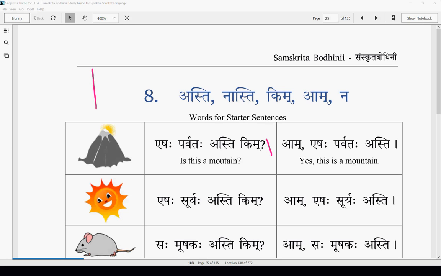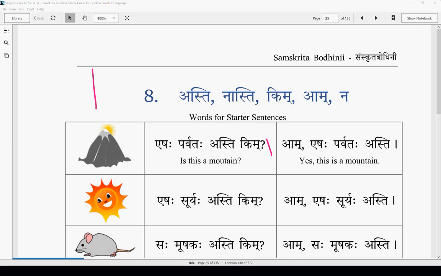It is not necessary also. If you put just a vertical mark there, that's enough, because Kim itself is the question mark. Eshaha Parvatah Asti Kim, that is how we have to read it as a question. So everywhere here we are using Kim as a question mark, not as a word with the neuter gender which was there before, like Tat Kim, Etat Kim.